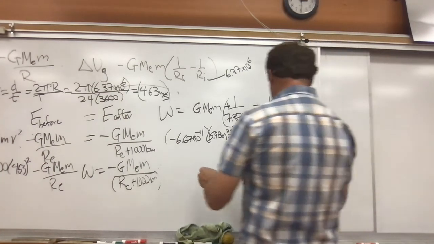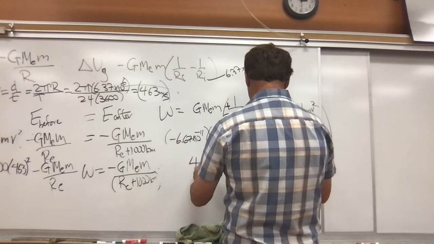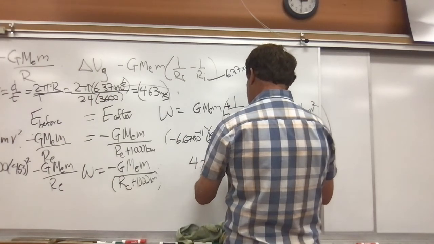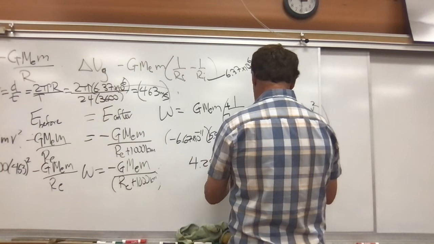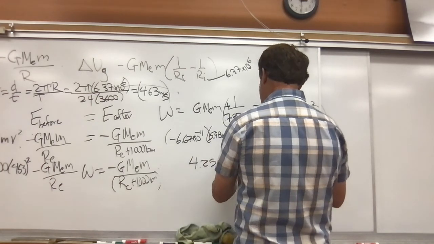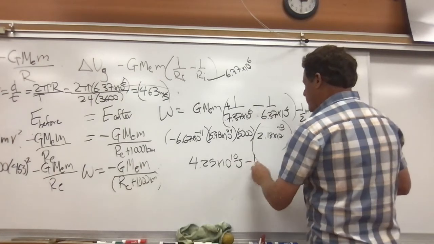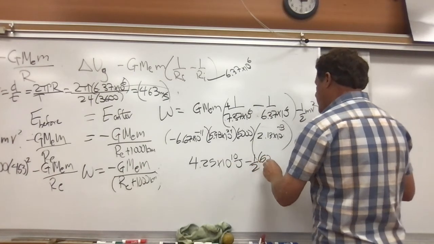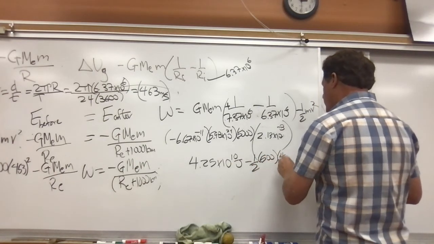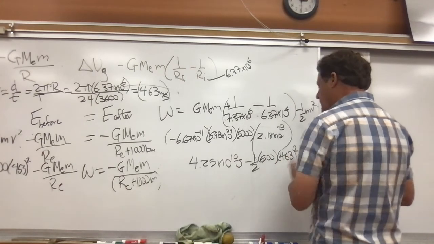And we are 4.25 times 10 to the 10th joules, okay, minus 1/2 of 5,000 times 463 squared.